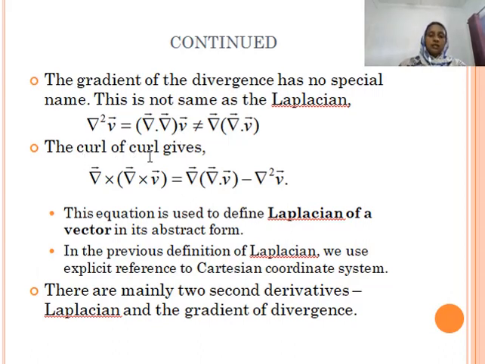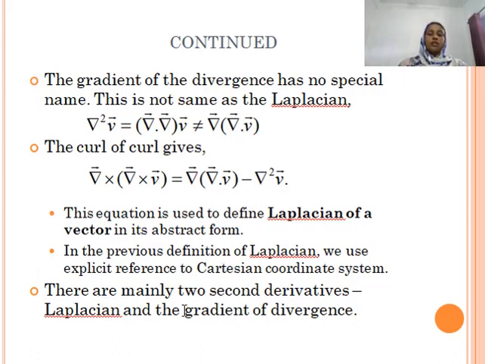Similarly, the curl of the curl, del cross (del cross V), is given by gradient of del dot V minus del square V. So usually this equation is used to define the Laplacian operator in abstract form. We already learned about Laplacian operator. There we used Cartesian coordinate system. But here this definition is used to define Laplacian operator in abstract form.